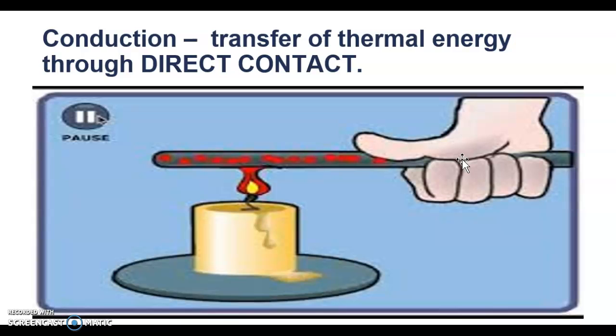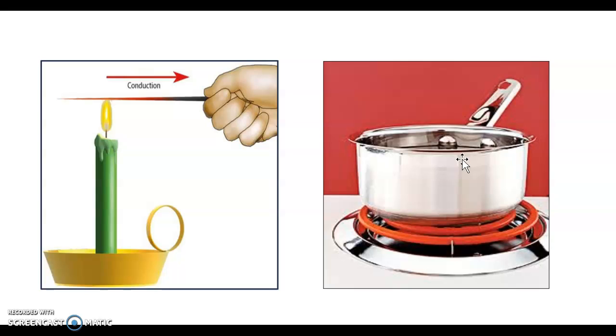That is what we mean by conduction. Here are some examples also. You see this is already in direct contact with the source, and the same when you are cooking, and there's the heat source in direct contact with your container. When you touch that metal container, you will feel the heat.